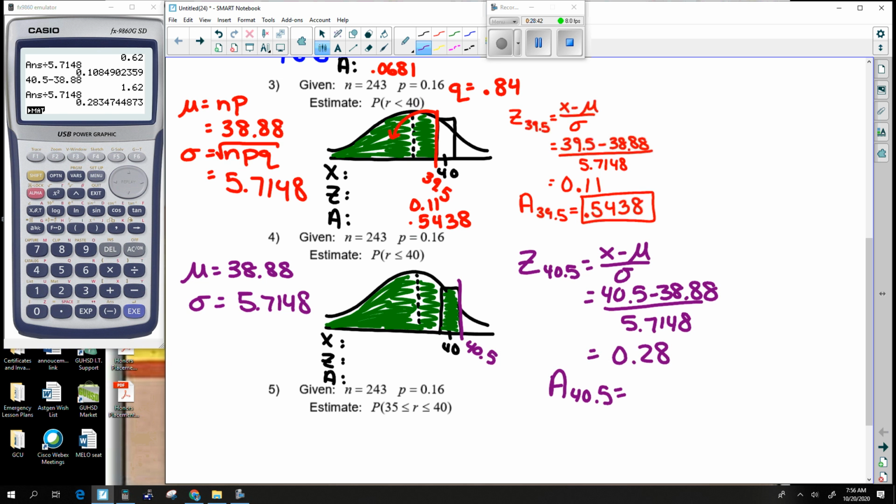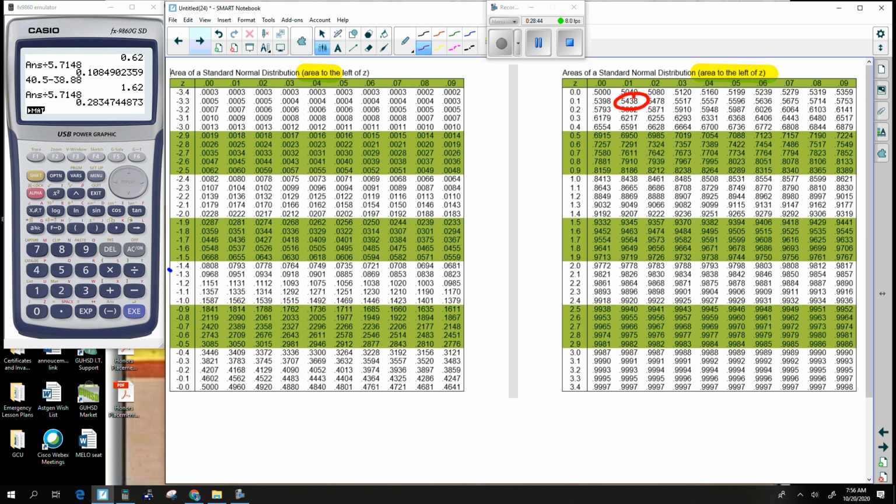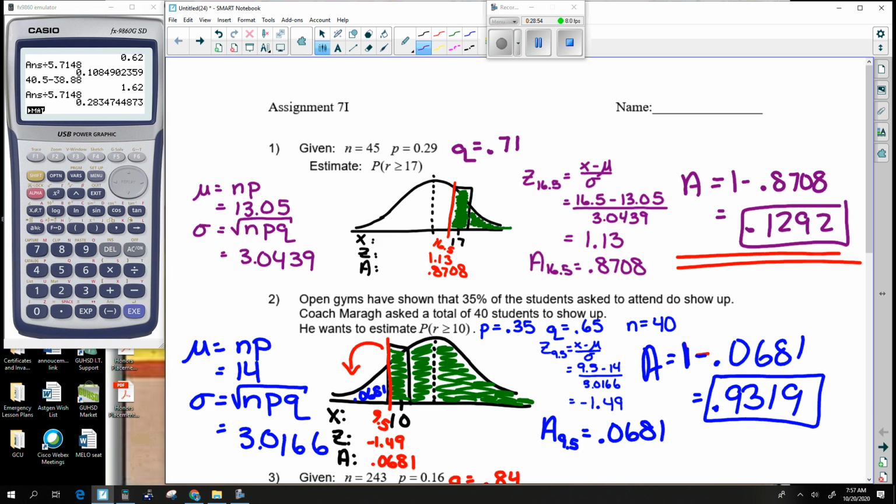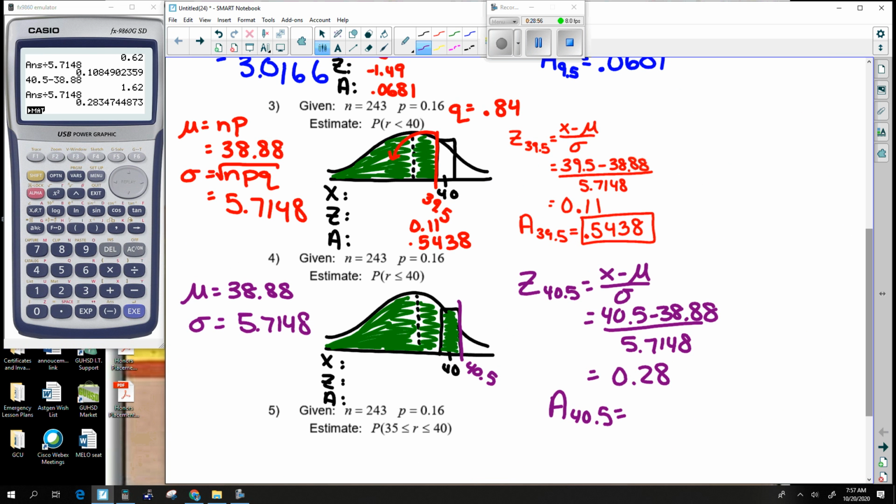I have 0.28, and looking up 0.28 gives 0.6103. Notice that that is the area to the left of that line, which is what I wanted. So that is the answer that I want. I don't have to do the 1 minus sort of thing.